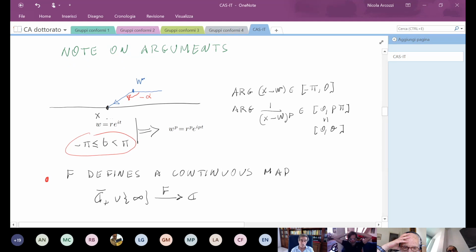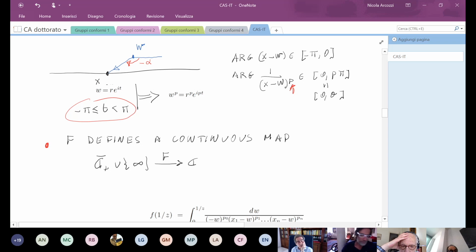And so the argument of those vectors we find in the integral is between 0 and pi, where then you multiply times this p power, and so you get 0 and p times pi, which is theta.